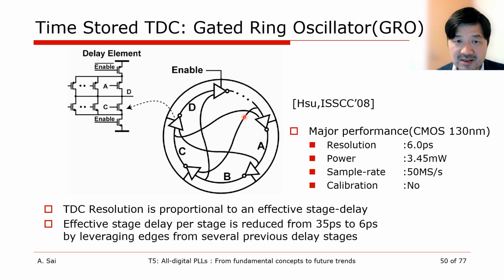By optimizing the number, placement and weight of the connections, each stage begins its transition well before the full transition of the immediately preceding stage is completed. The resulting effective delay through the stage is reduced from 35 picoseconds to 6 picoseconds.